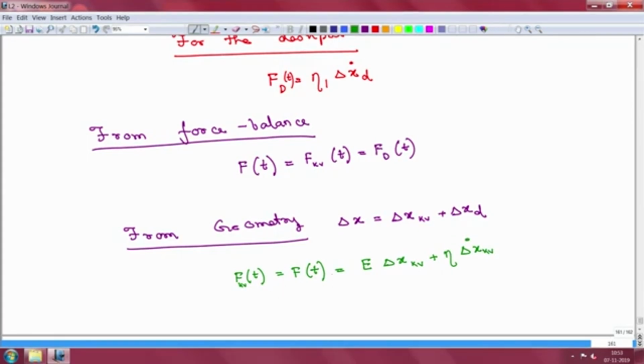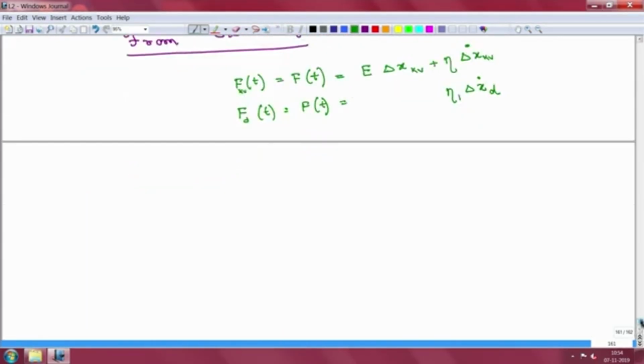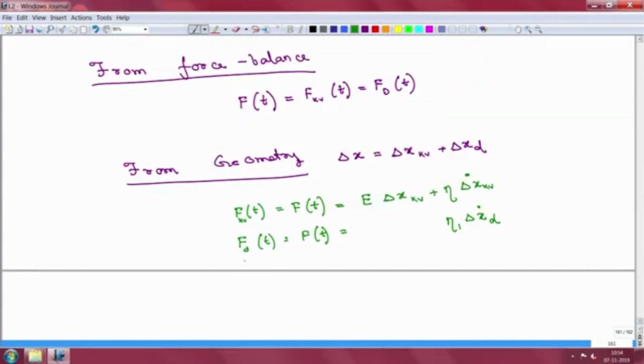Okay. So this is the expression for the first case, and for the second case we have force in the dashpot, which is again equivalent to the system force, because we have seen that, and that is equal to now eta 1 delta x dot, right.